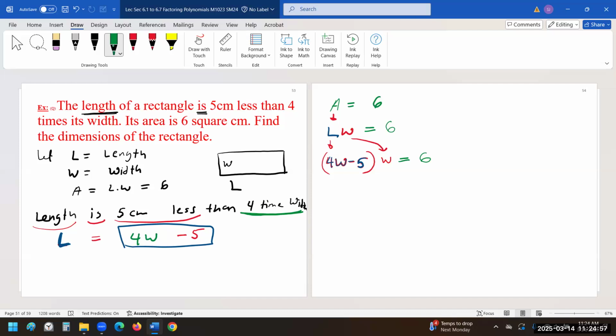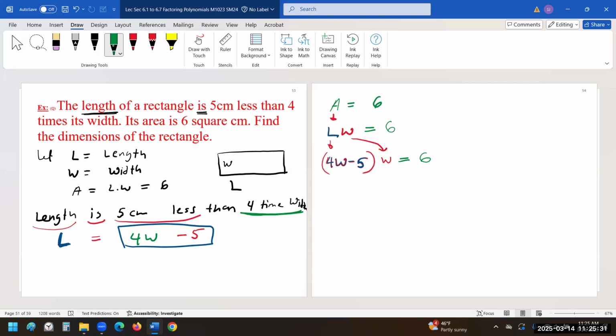So they are telling us that our area is 6. But what is area? Area of a rectangle is length times width. And do you know what is length? Did they tell us any information about the length? They did. They said length is 5 centimeters less than 4 times width. So you do know length has an expression. Our goal is to solve this equation, but we cannot solve any equation when we have 2 different variables.